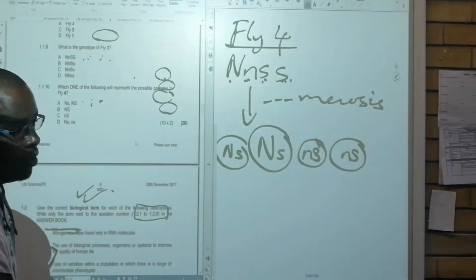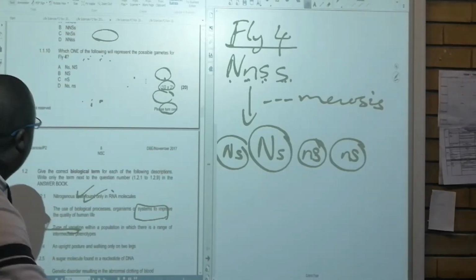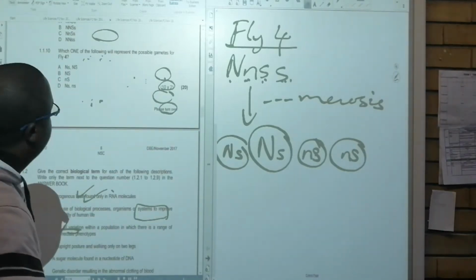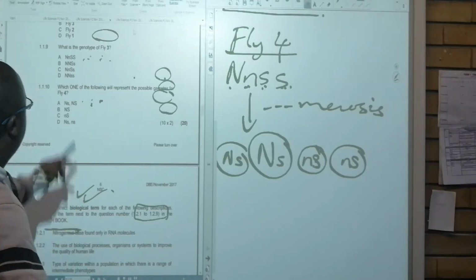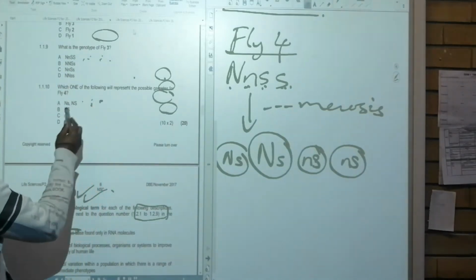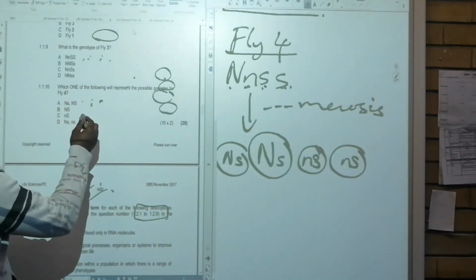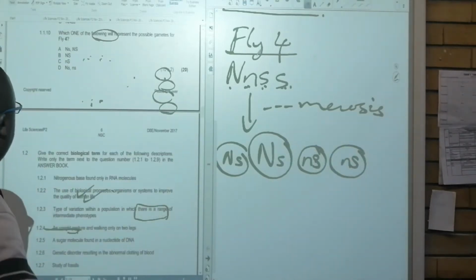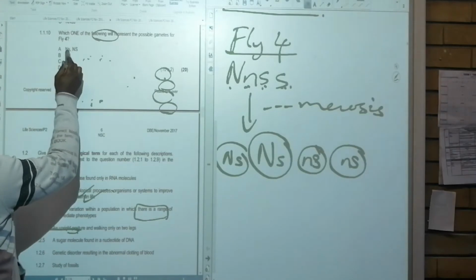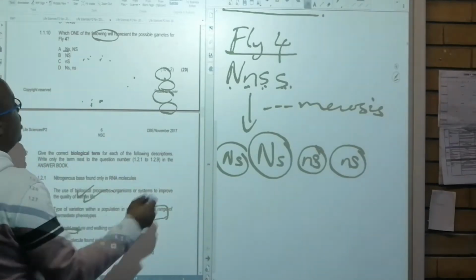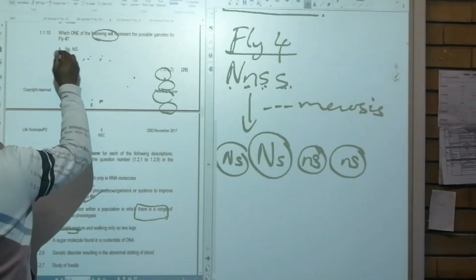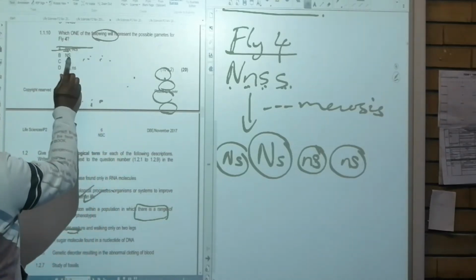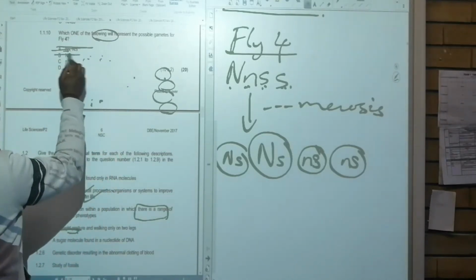Let me scroll this up. Do we have this in our possible gamete? Sorry, wait here. Do we have this part here in our possible gamete? Yes. Do we have this one? No. So A is out. Do we have this one? No. Why?